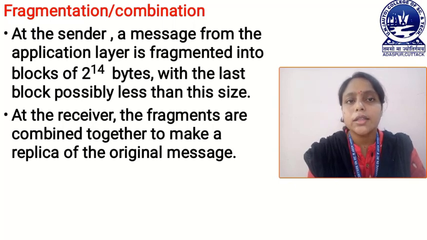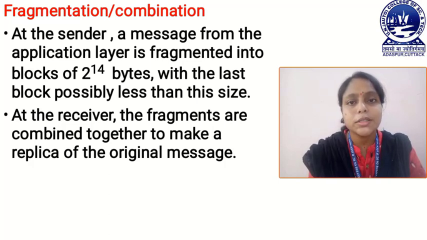Then next, at the receiver, the fragments are combined together to make a replica of the original message. That means at the receiver side, the fragmented messages are combined to make a replica of the original message. Here, you must remember that at the sender side, the message which is coming from the application layer is fragmented.